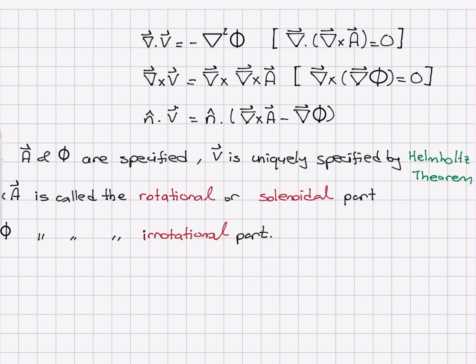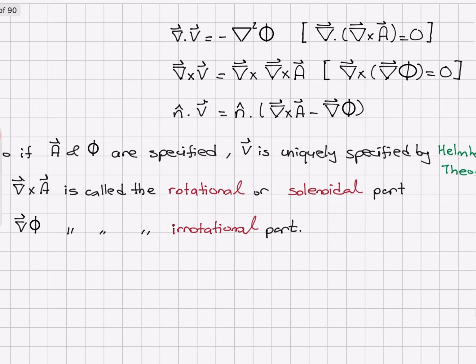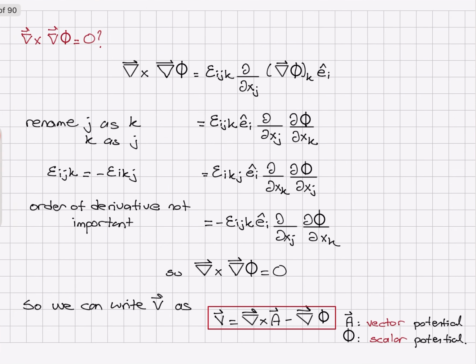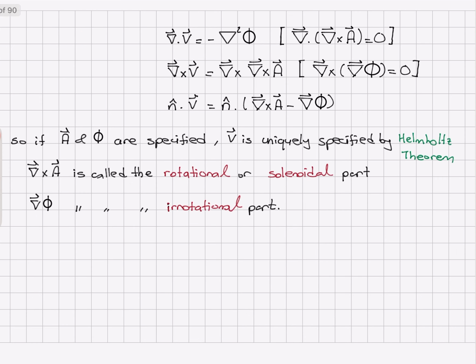As a consequence, I can see that a vector can be decomposed into its vector potential and scalar potential parts such that A and phi will tell me uniquely what that vector is. The curl of A is called the rotational or solenoidal part, and gradient of phi is called the irrotational part of this vector field V.